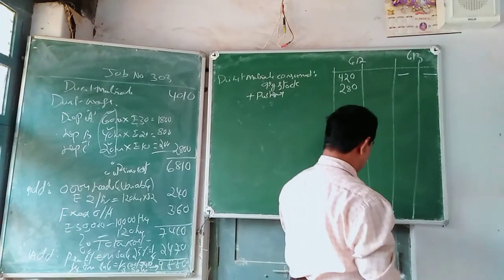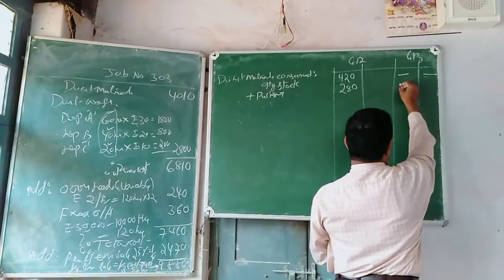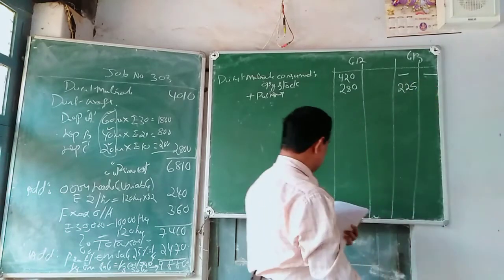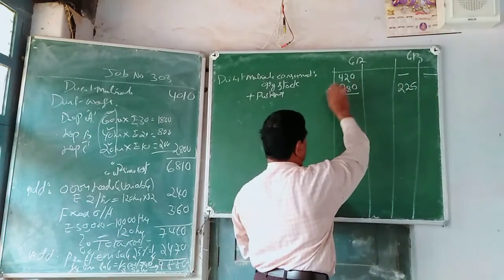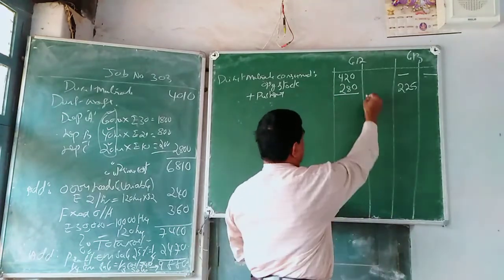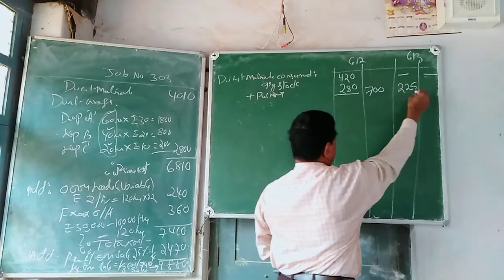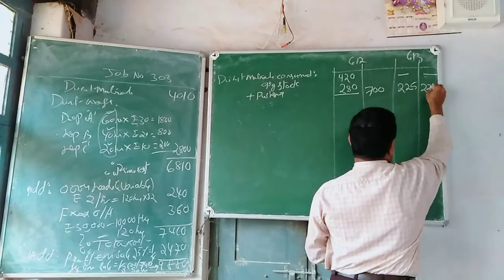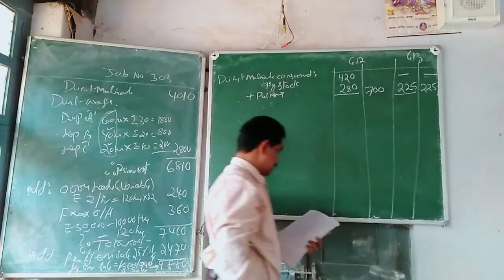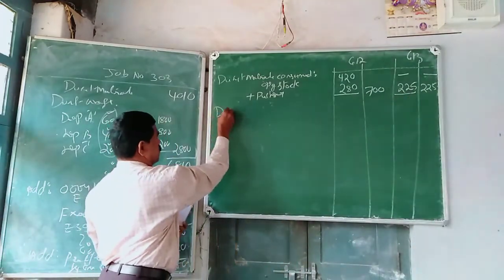Then for job number 613, 225. So now the total materials consumed, no closing stock, so we need not adjust it. So this is 700 material. This is 225. So now after this we add direct labor.